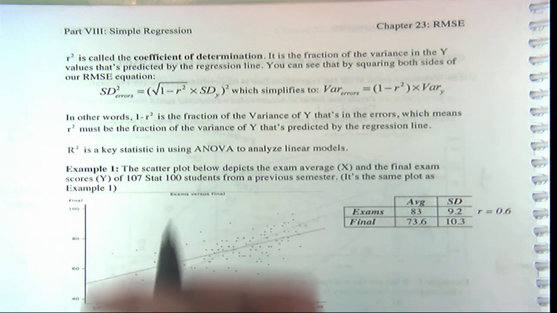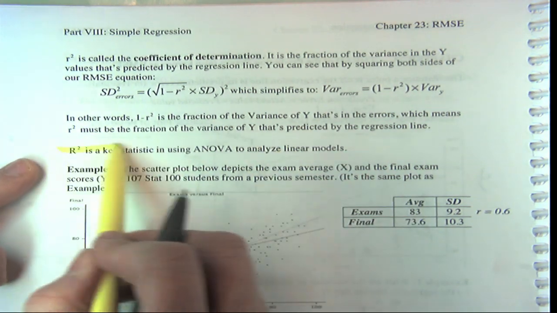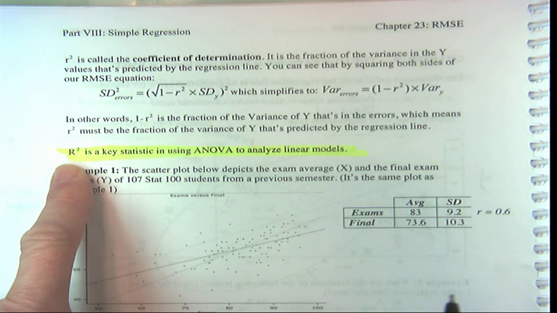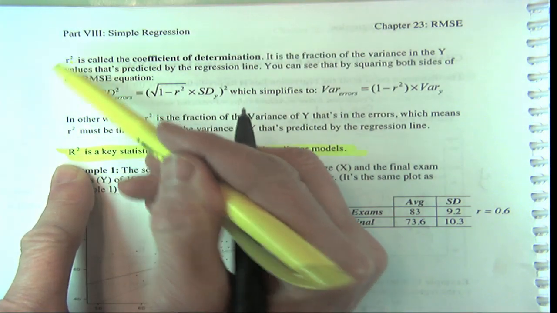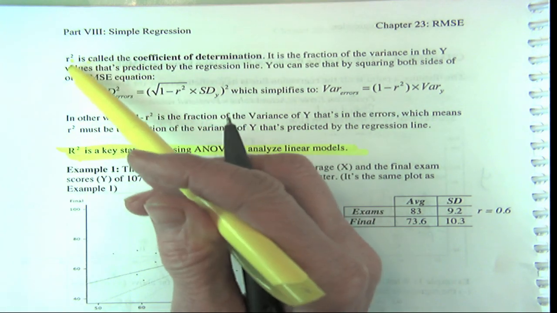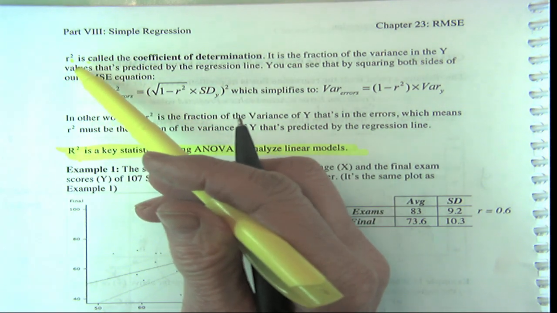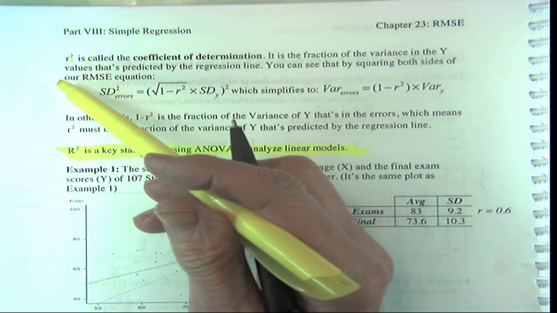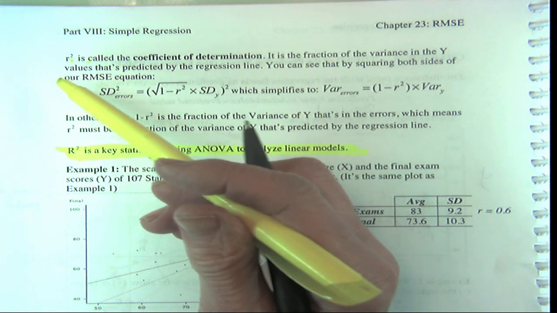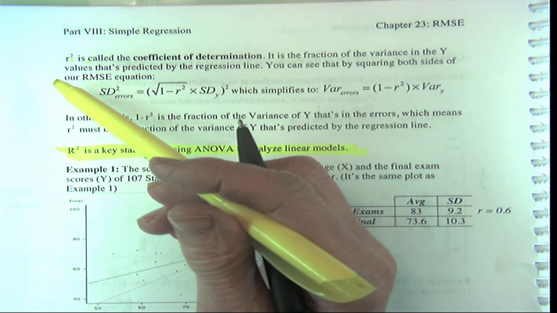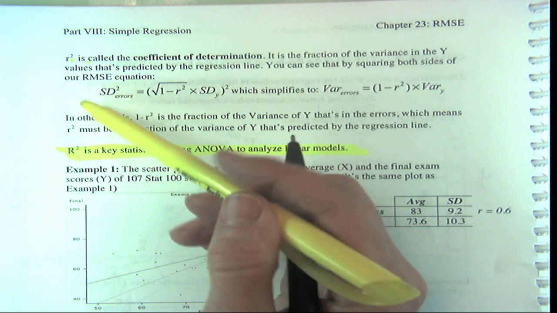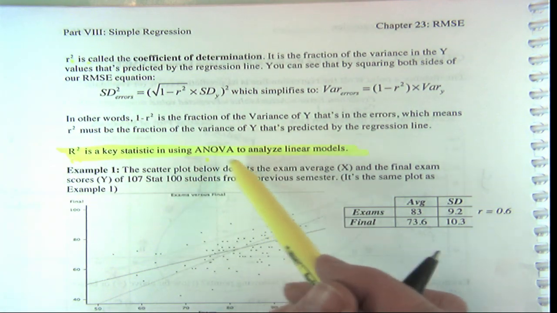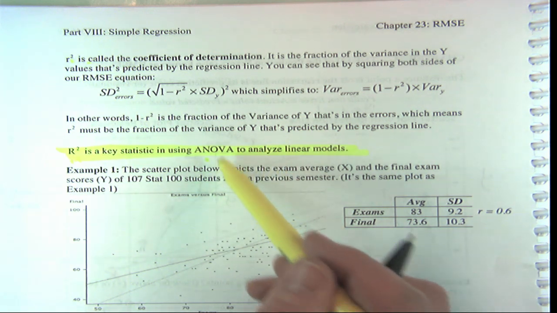Why I'm talking about this now is because r squared is a special case of the capital R squared, when you just have simple regression, 1 x predicting 1 y. Soon we're going to move on to multiple x's predicting 1 y, like exam 1 scores and homework predicting your exam 2. And then we use a capital R. I'll explain that later. But it's a key statistic in something called ANOVA, or analysis of variance.